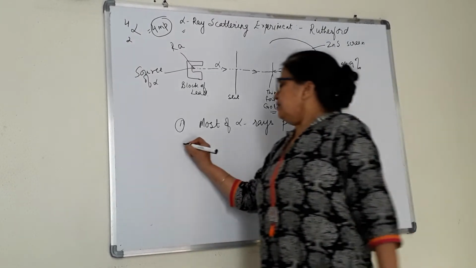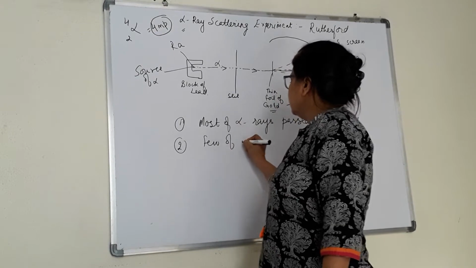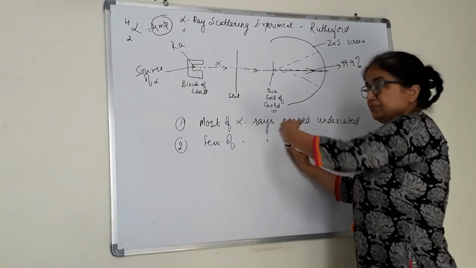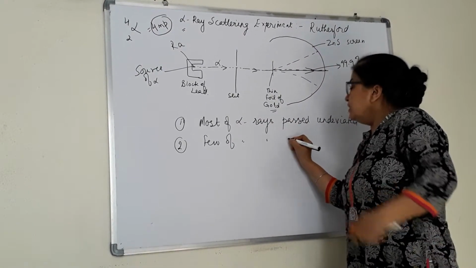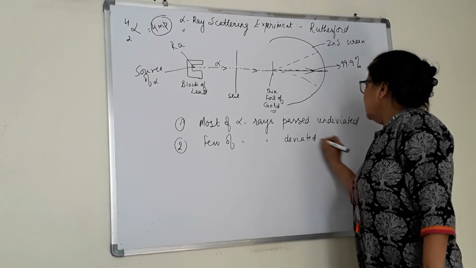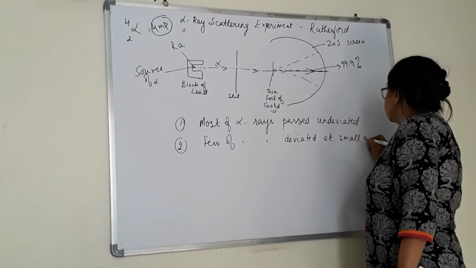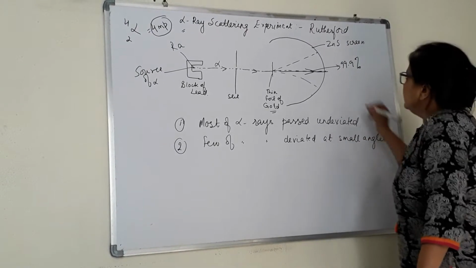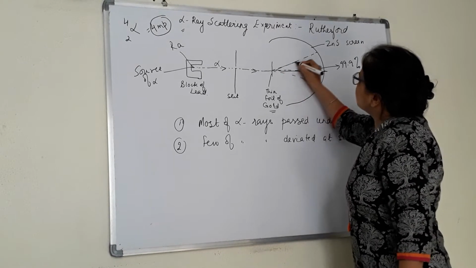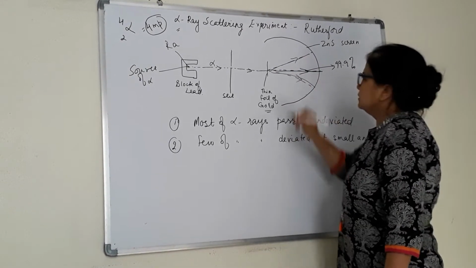Then further he said few of these alpha rays got deviated at small angles. So here this was shown like this. They were hitting and getting deflected at small angles.